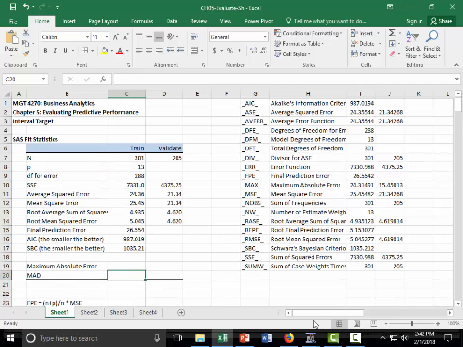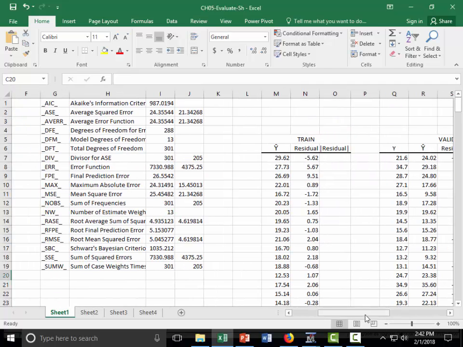Finally, for absolute error measures, you have maximum absolute error. I think it's there somewhere, but you know how to do this, right?